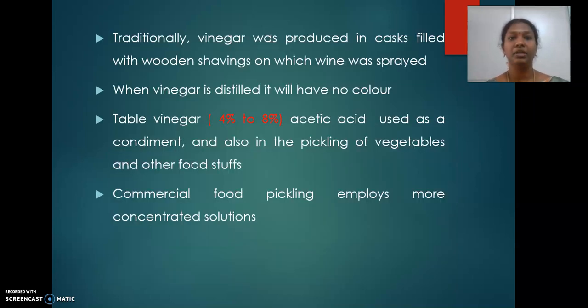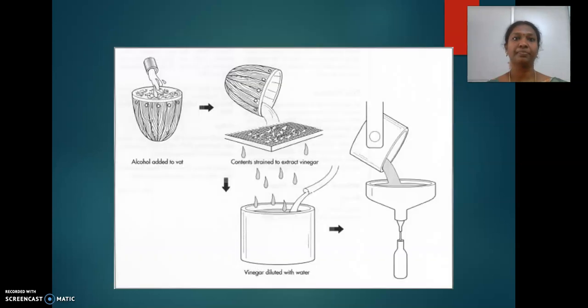And what is a table vinegar? The vinegar which is used for cooking purposes is called table vinegar. It contains about 4% to 8% acetic acid and is used as a condiment. It is also used in the pickling of vegetables and other foodstuffs. In commercial food pickling, the concentration varies, and a more concentrated solution is used.